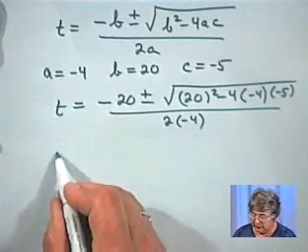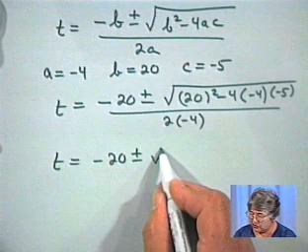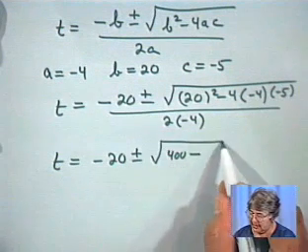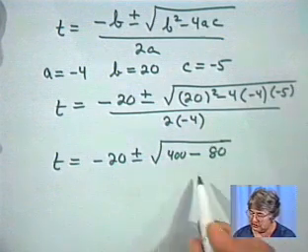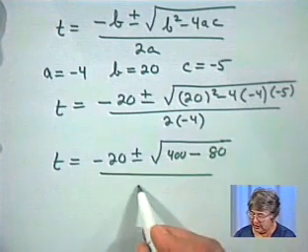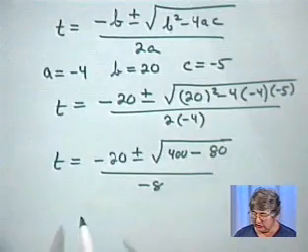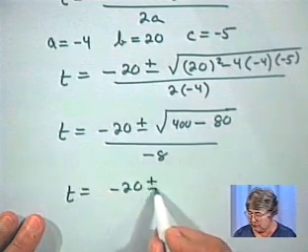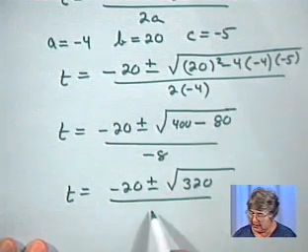All right, so now simplifying this, we're going to have minus 20 plus or minus the square root of 400, and a minus times a minus will give us a negative. 4 times 4 is 16, 16 times 5 is 80, so we have 400 minus 80 divided by a negative 8. And so continuing to solve, we have t equals a negative 20 plus or minus the square root of 320 divided by a negative 8.